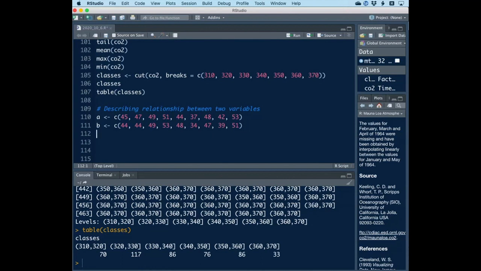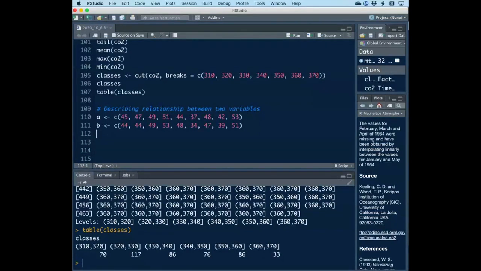So A is the first method, and B is the second method. And of course, the first value in A matches the first value in B, meaning these are two measurements taken in the same sample. So they are matched by position. First sample, second sample, and of course, otherwise it doesn't work.